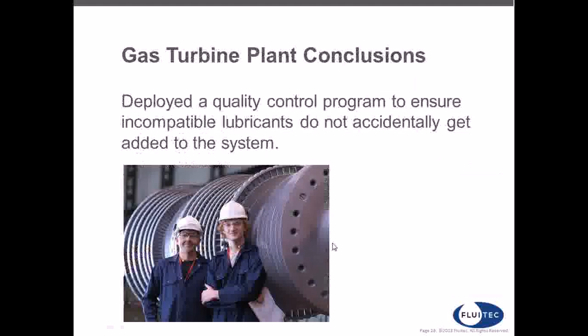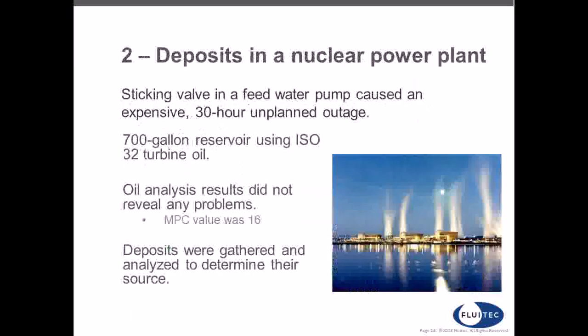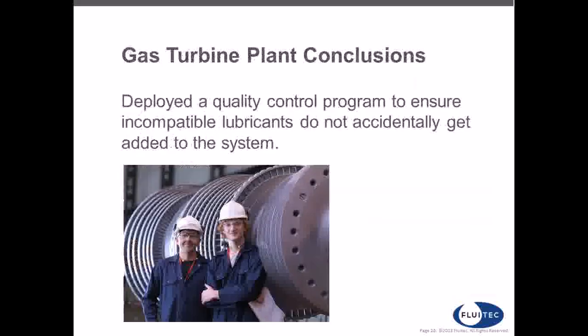The result of this is that the plant improved their quality control program to not only ensure that non-compatible lubricants don't accidentally get added into the system, but they also started testing all of the new oil deliveries to make sure that what they had bought was, in fact, what was being delivered.